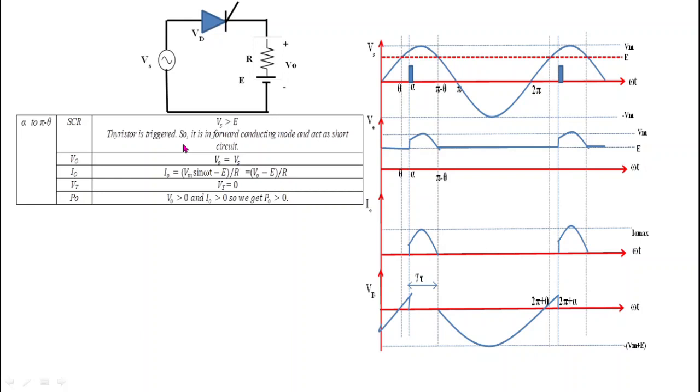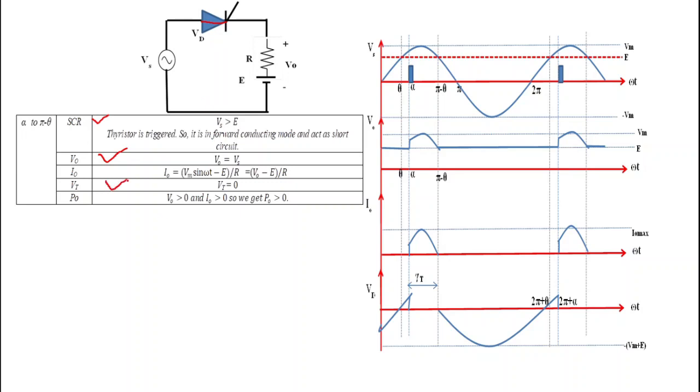So during forward conducting mode, the thyristor acts as a short circuit. When the thyristor gets short circuited, then current I naught starts flowing in the circuit. And what do we get as output voltage? We get output voltage equal to Vs. So when the thyristor starts conducting, the source voltage appears across the load, and the thyristor acts as a short circuit, and during short circuit the drop across the thyristor is equal to 0.